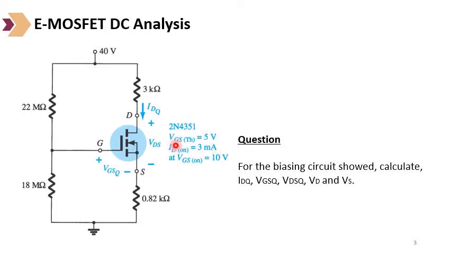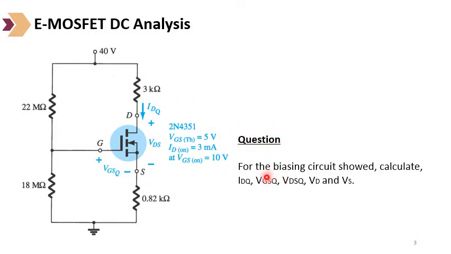At first, as you can see here, it is the typical voltage divider of the E-MOSFET. When we want to do the DC analysis, it is very important for us to follow the steps that have been outlined in the lecture notes. So let's take a look at the question.